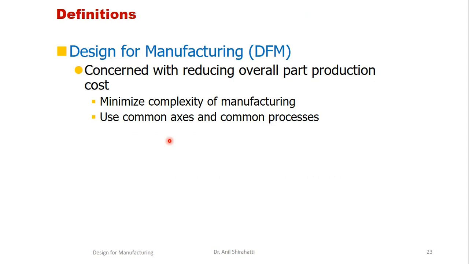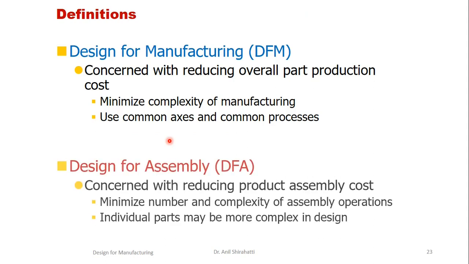So in today's class we have learned how important design is from the manufacturing point of view and from the assembly point of view. When we are dealing with design for manufacturing, we have to minimize the complexity of the manufacturing and use common standard components while designing the component.